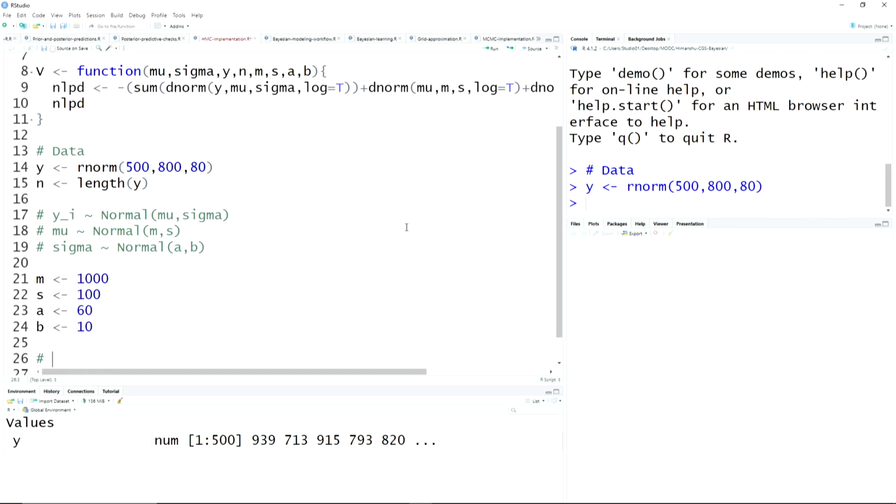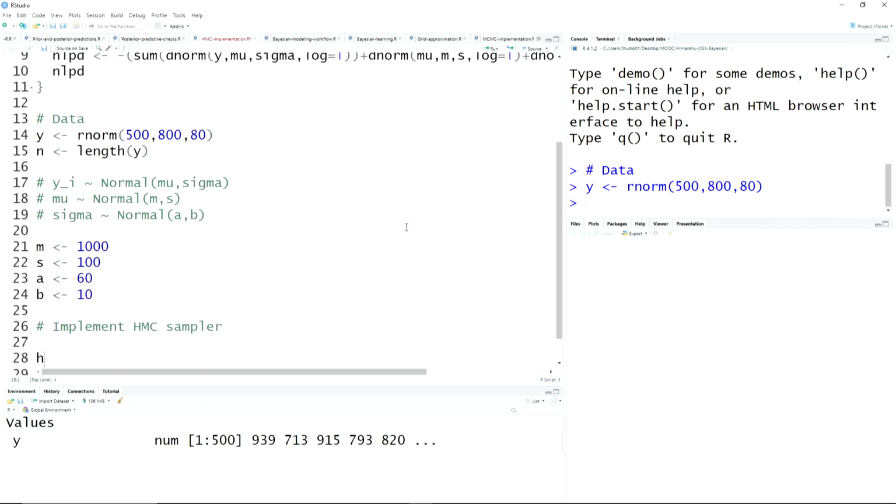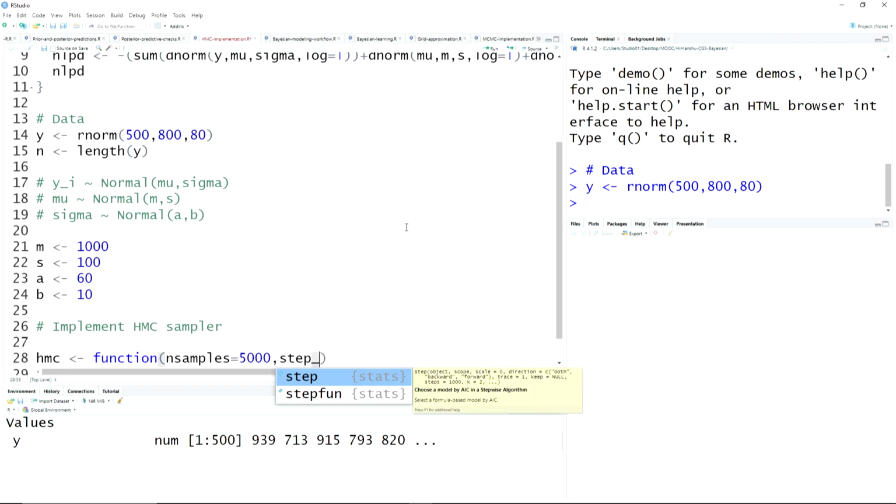Now let us implement the HMC sampler. Let me define a function HMC in the same way as we defined for MCMC. Of course, we need the number of samples, so let me just start with 5000. You need a step size, let's say the time step is initially 0.02.